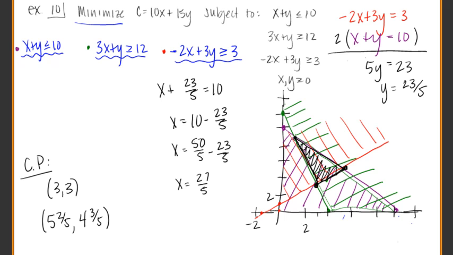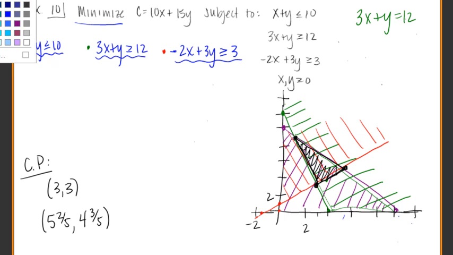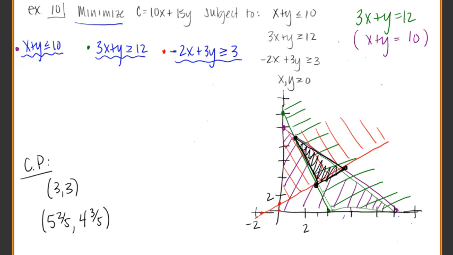All right, let's go next and let's find that upper left corner point. And that upper left corner point looks like it's happening at the intersection of the green line, so 3x plus y equals 12, with the purple line. And that purple line was x plus y is equal to 10. All right, since the y's are the exact same in magnitude, both 1 and 1, let's just subtract.